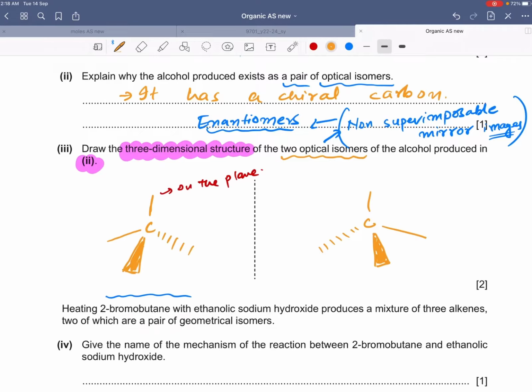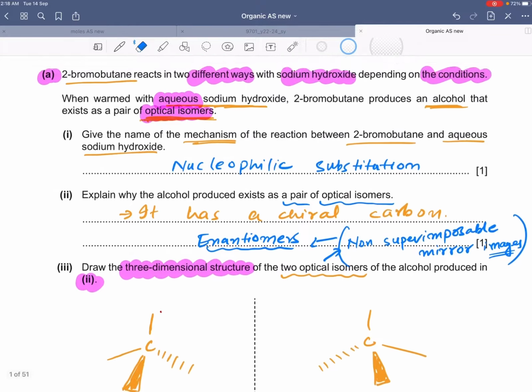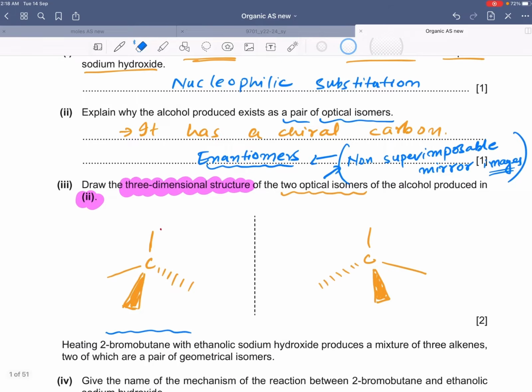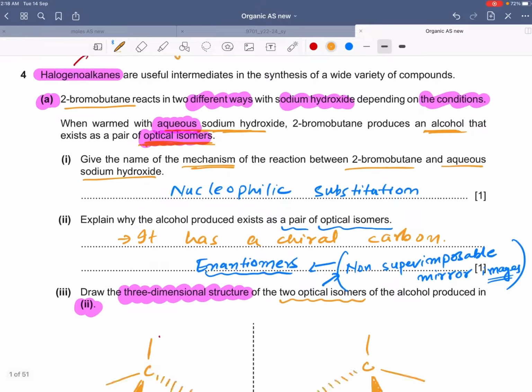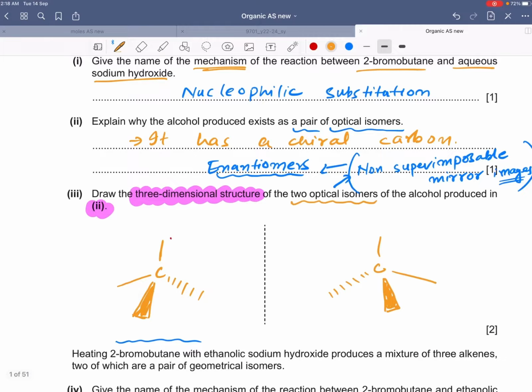And you can attach the groups in whatever way you want, but I would suggest that the most simple way would be to find out the structure in the paper, right? And just like we have drawn it here, the heavier part, because this one is the heavier part, CH2, CH3 and OH. We would draw them on top and below.